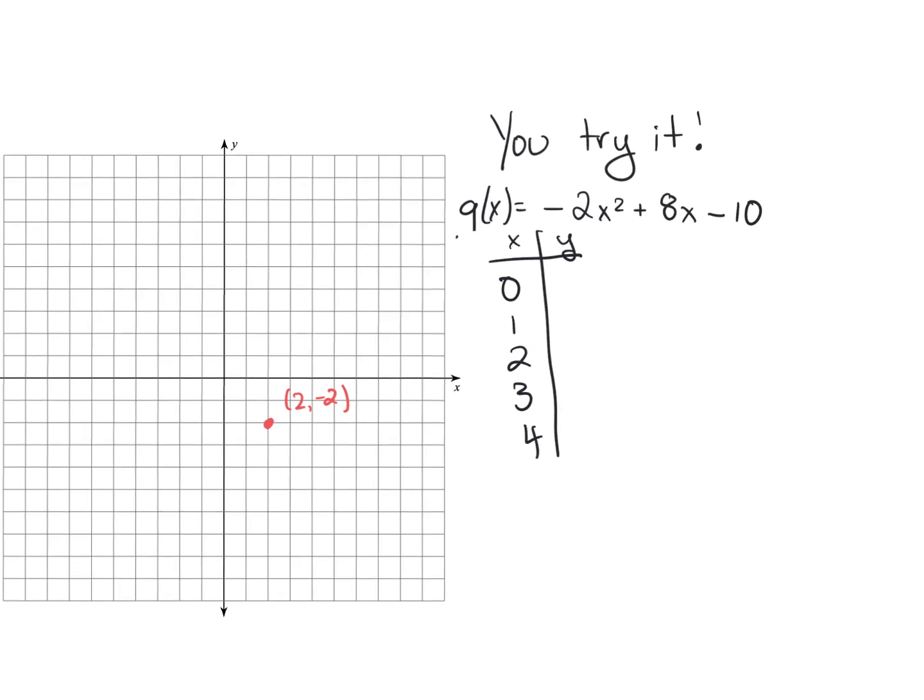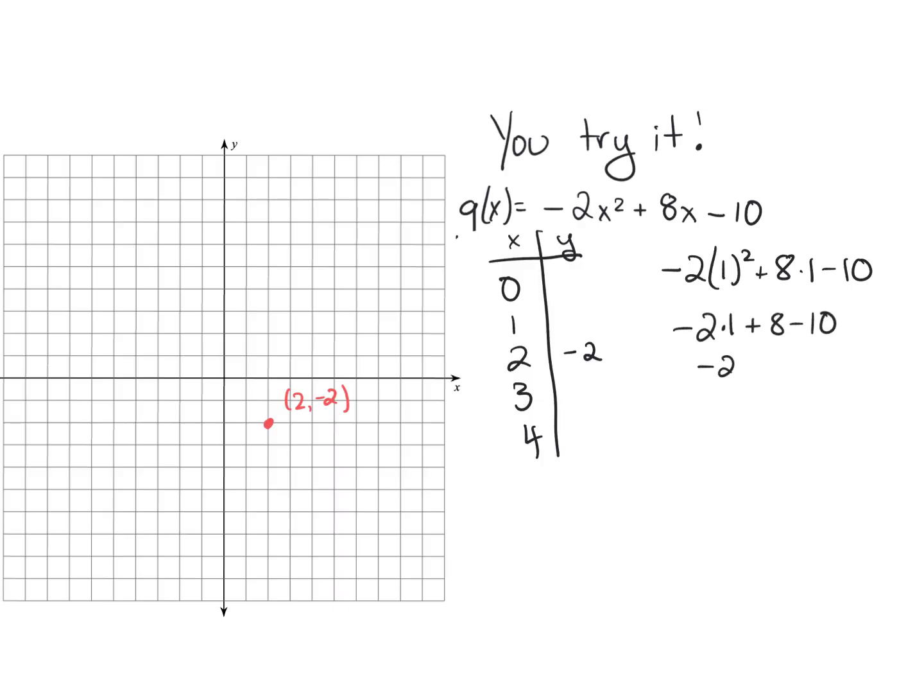So again, we know that 2 gave us negative 2. Let's see what happens if we plug in 1. So if I plug in 1, I have negative 2 times 1 squared plus 8 times 1 minus 10. This will become negative 2 times 1 plus 8 minus 10.